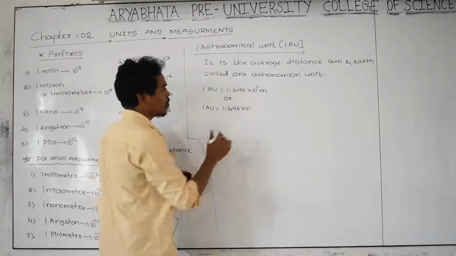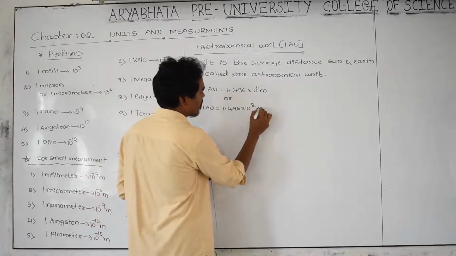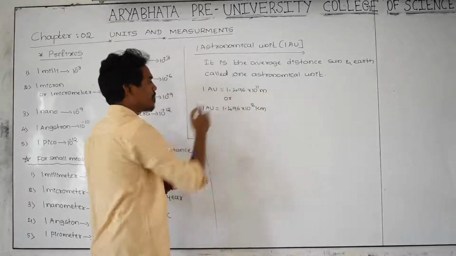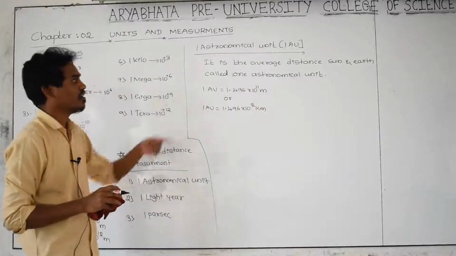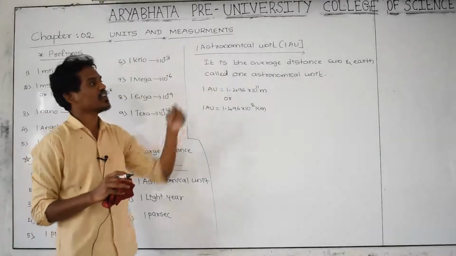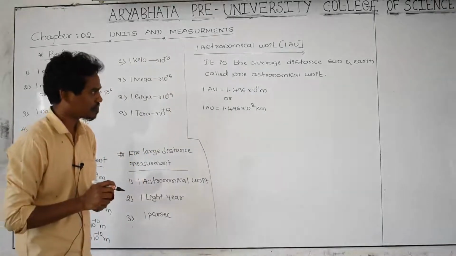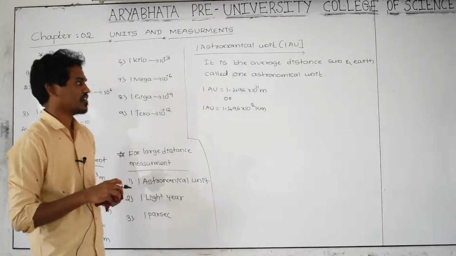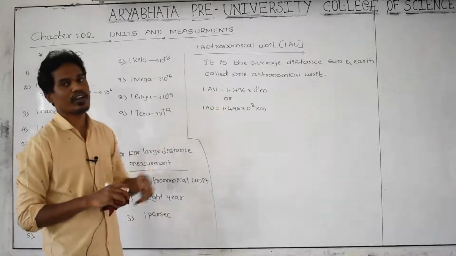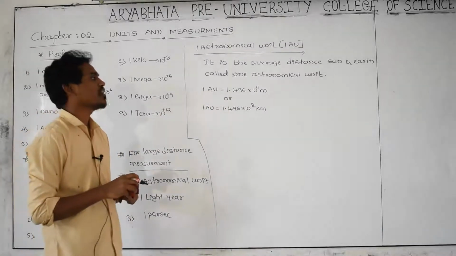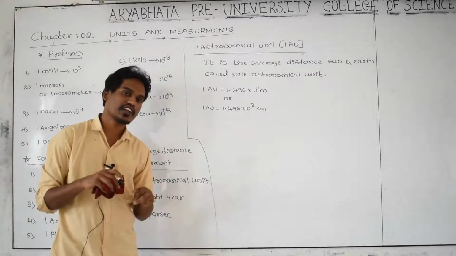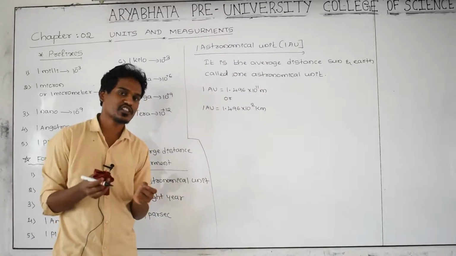You can use both. 1 AU is the average distance between Sun and Earth, and we call that distance 1 astronomical unit.